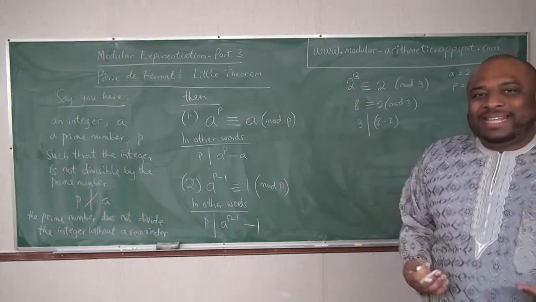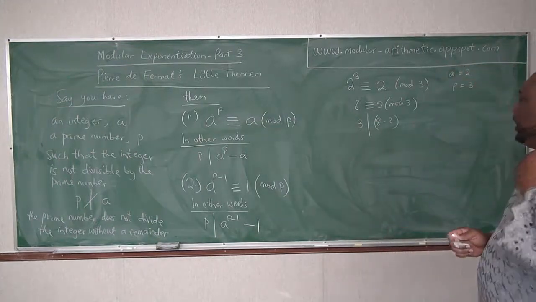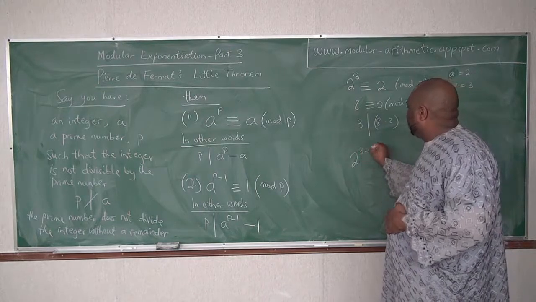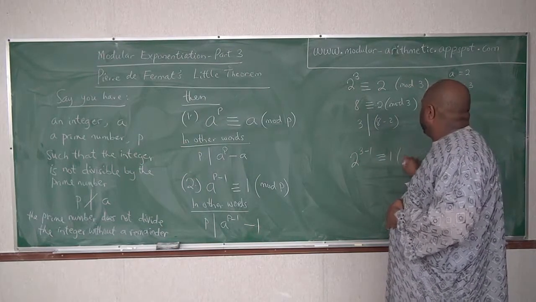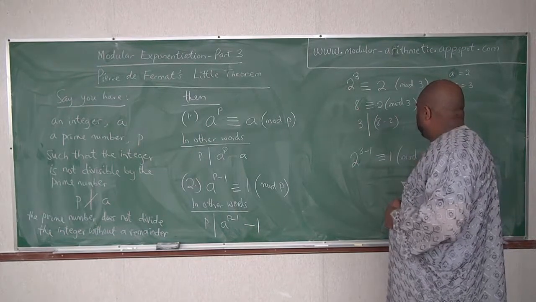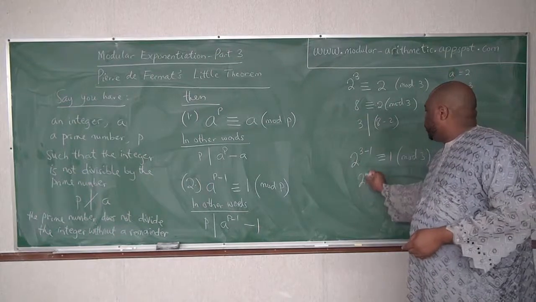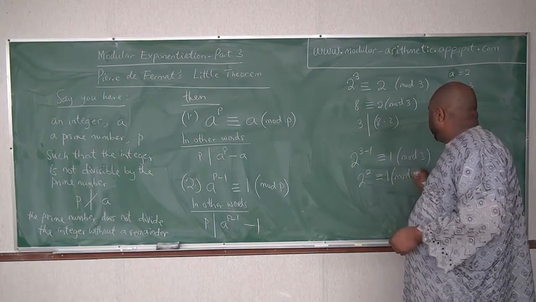He is also saying that 2 exponent 3 minus 1 is congruent to 1 in mod 3. So 3 minus 1 is 2. So 2 squared is congruent to 1 in mod 3.